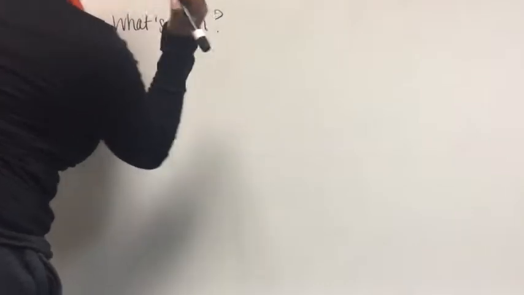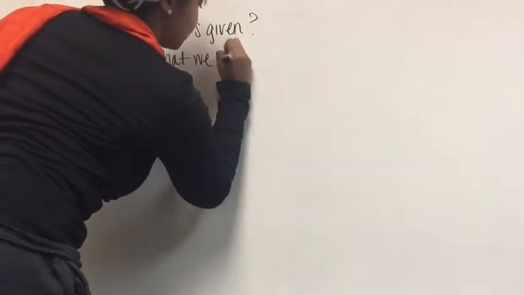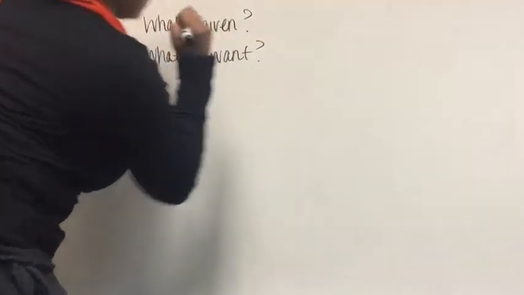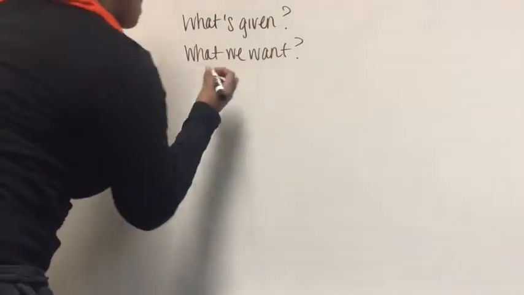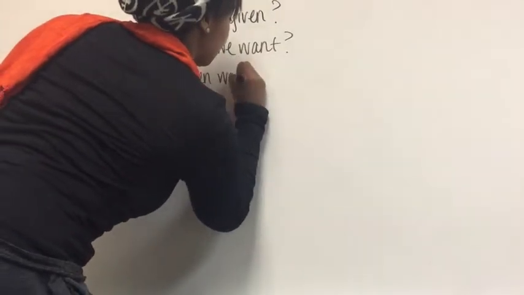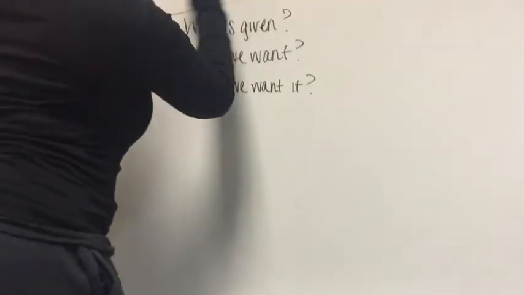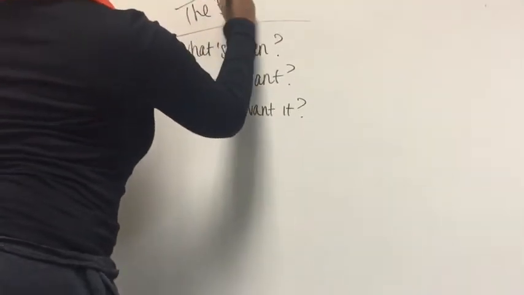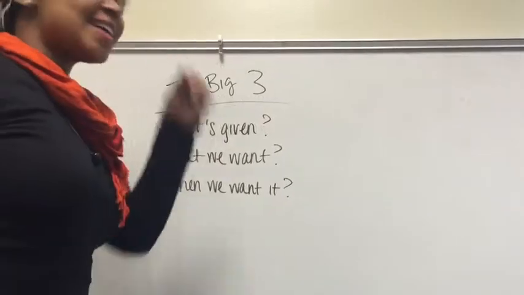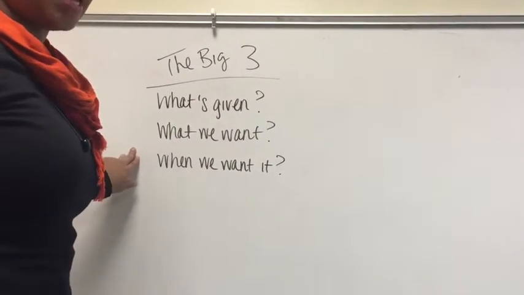We need to know what's given, what we want or what we're solving for, and when we want it. These are the three key factors you look for anytime you're doing a related rates problem.